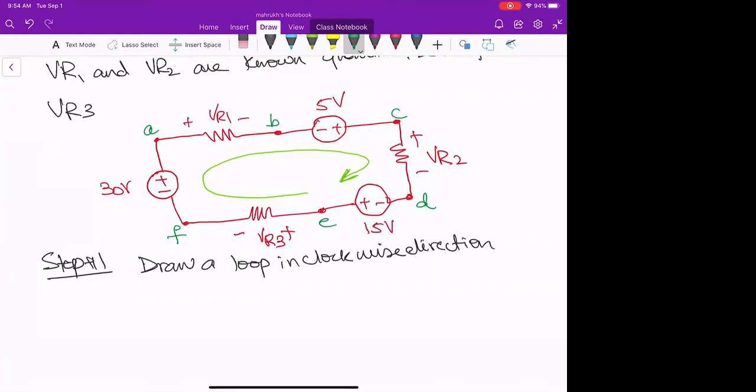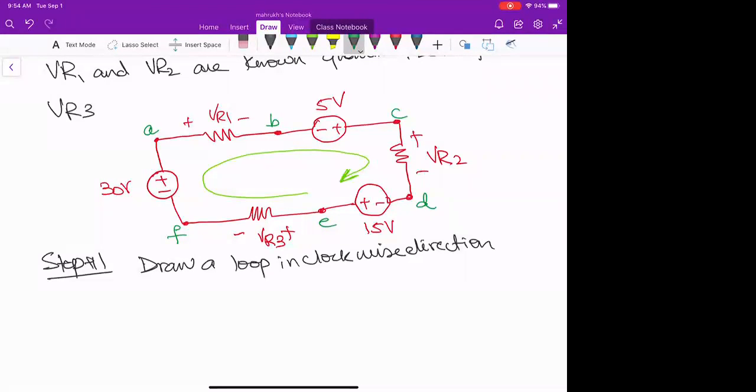We will also explain when we should use KCL and when we should use KVL, so we should not worry about that right now. Another thing, why I'm drawing the loop, is because this loop is suggesting which polarity I should take when I write the equation.